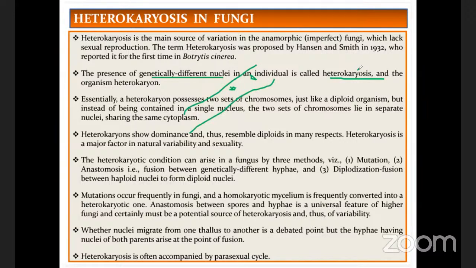Two sets of chromosomes lie in separate nuclei, sharing the same cytoplasm. That means dikaryotization: two nuclei within the same cell, two opposite strain nuclei, not the same strain nuclei. Here the diploid is dominant.